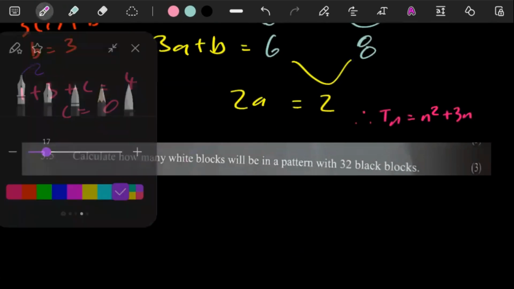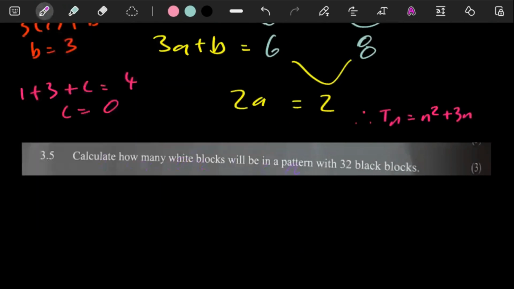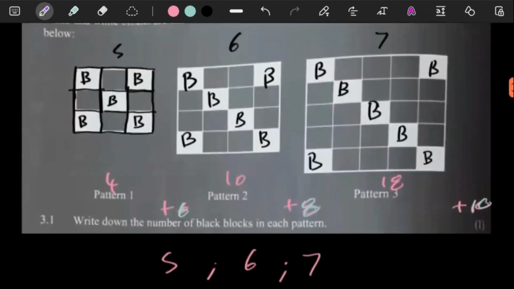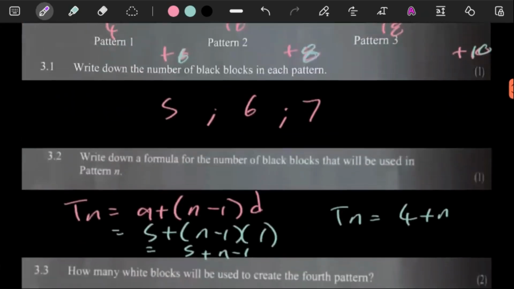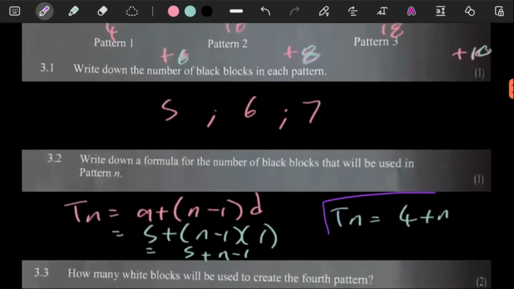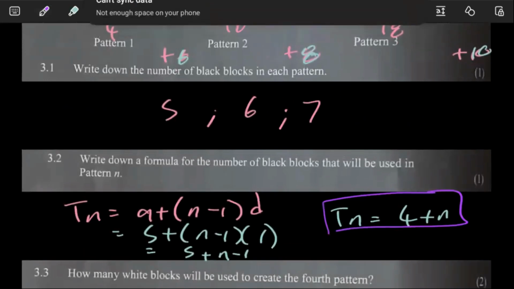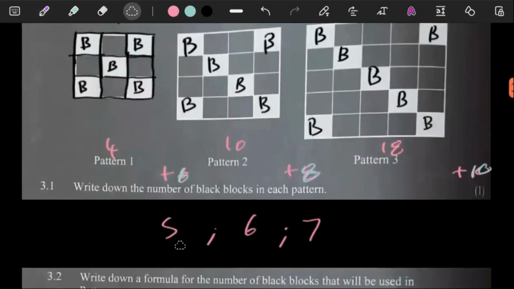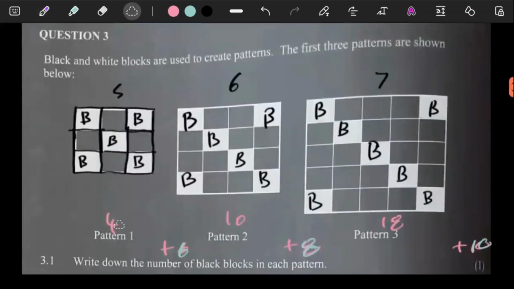Question 3.5: calculate how many white blocks will be in a pattern with 32 black blocks. Okay, here we have to think nicely. We know that the sequence of black blocks is given by this formula. For 5 black, it's 4 white.